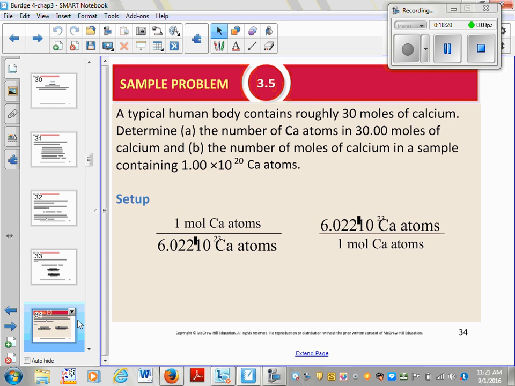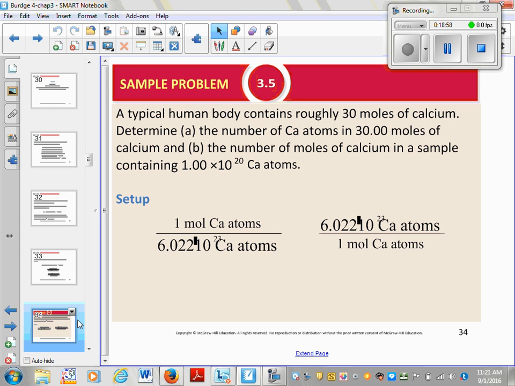So we just do 6.022 times 10 to the 23rd times 30. That's 18.066 times 10 to the 24th, or 1.8066 times 10 to the 25th calcium atoms.